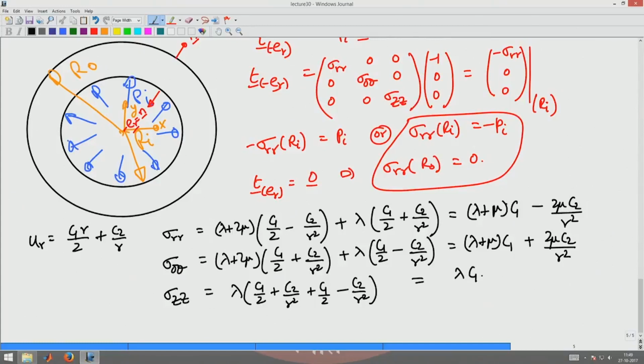Okay. Now, I apply the boundary conditions, sigma RR at r I equal to minus P and sigma RR at r naught equal to 0, to obtain the following equations.